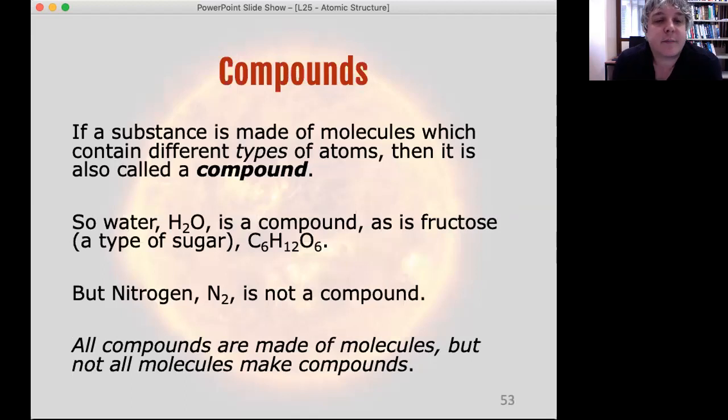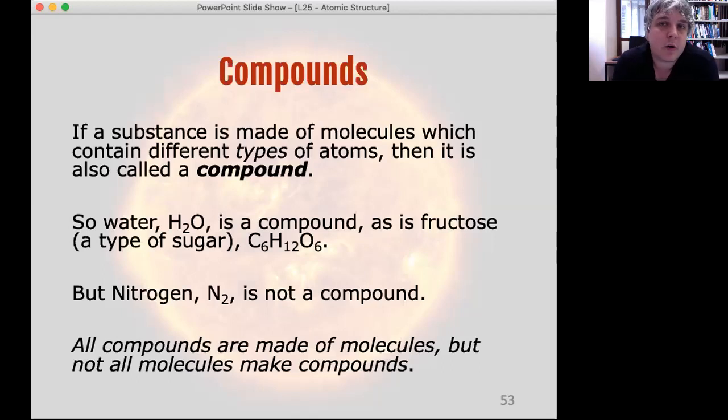If a substance is made of molecules which contain different types of atoms, then we call that substance a compound. So water, H2O, is a compound because water is made of molecules and each molecule has different types of elements in it. Fructose, a type of sugar which has C6H12O6, so 6 carbons, 12 hydrogens and 6 oxygens, is also a compound because the solid sugar is made of molecules which are all made of different types of atoms.